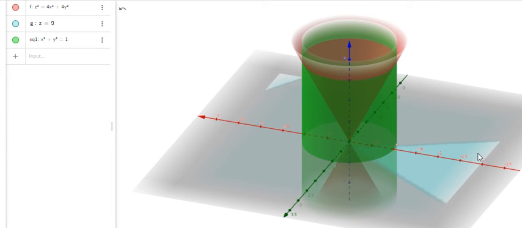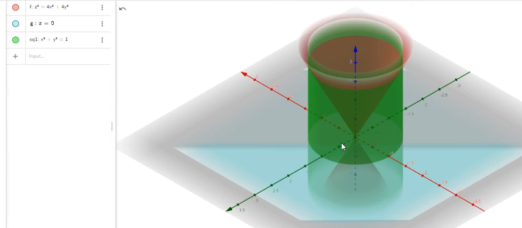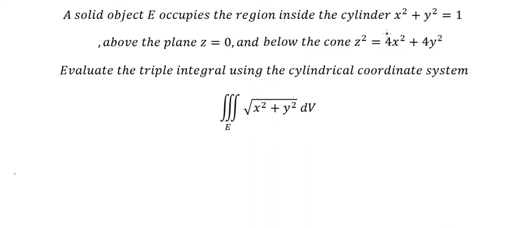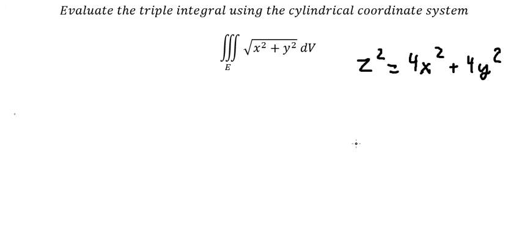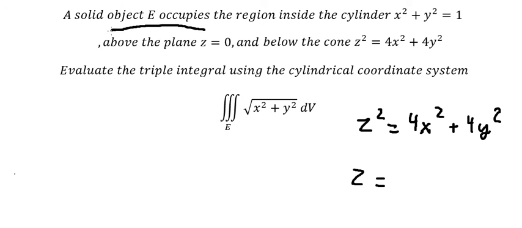Above the plane z equals 0. Now we need to concentrate on this one. Now we take the square root of both sides. Because we are above the plane z equals 0, that means z should be a positive number.